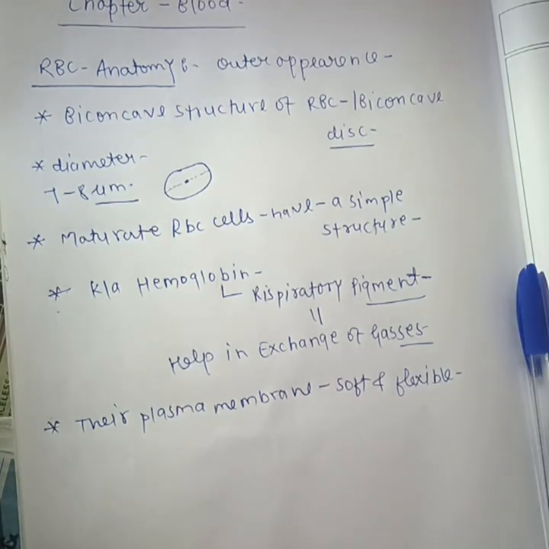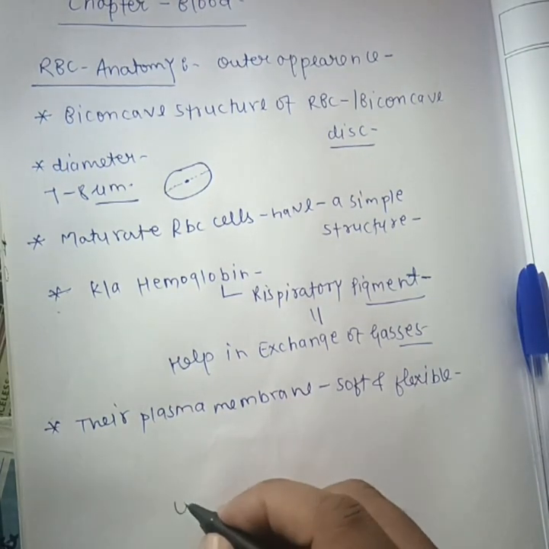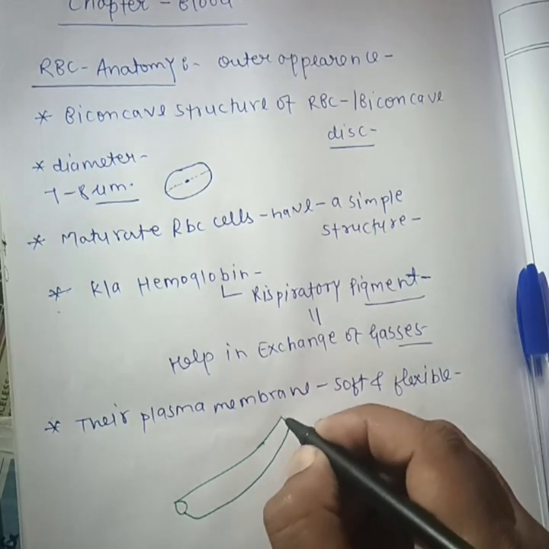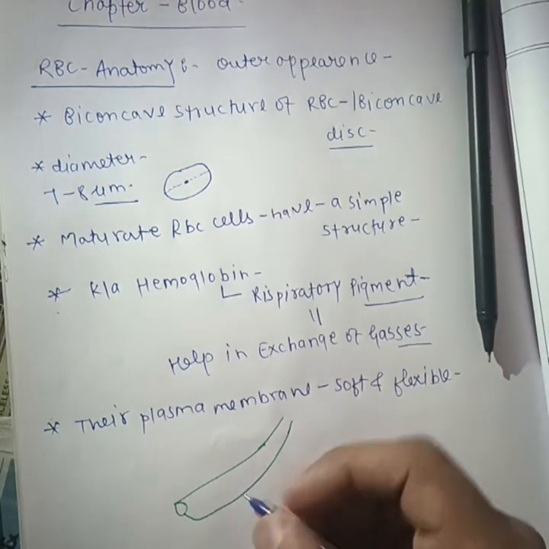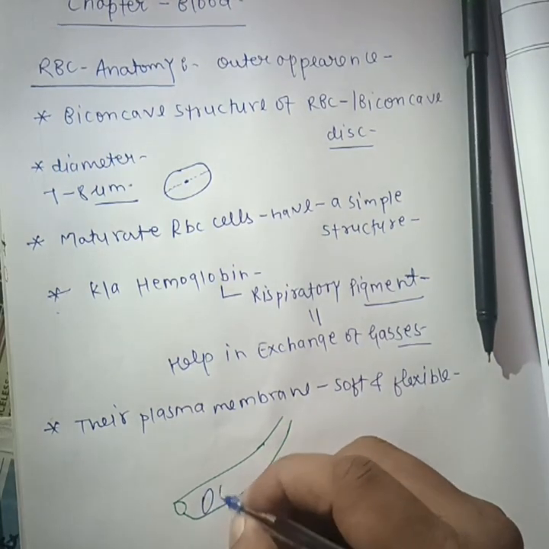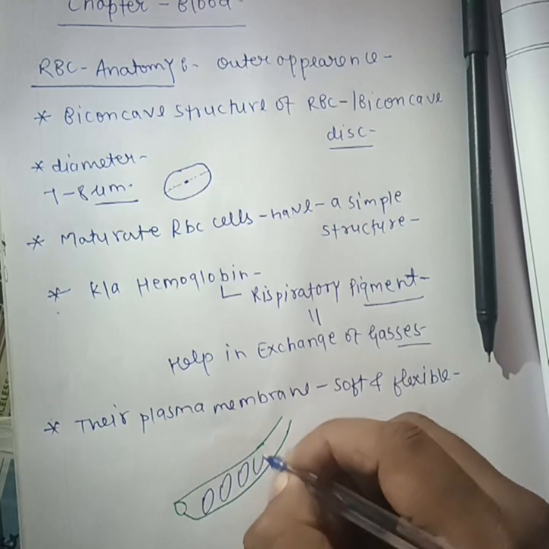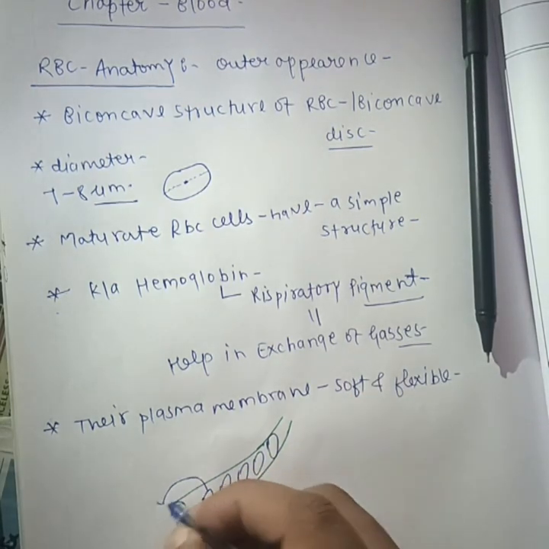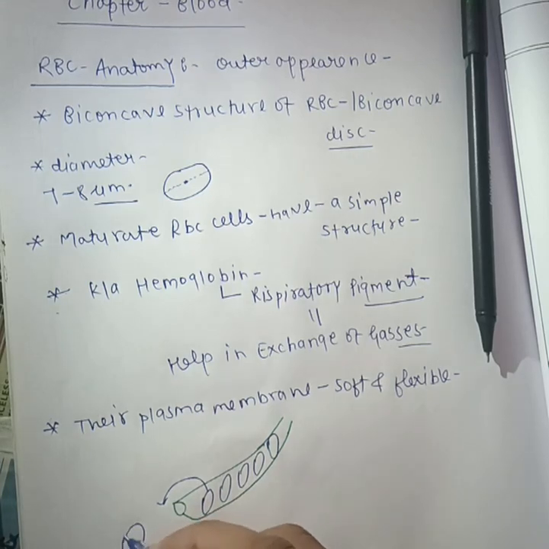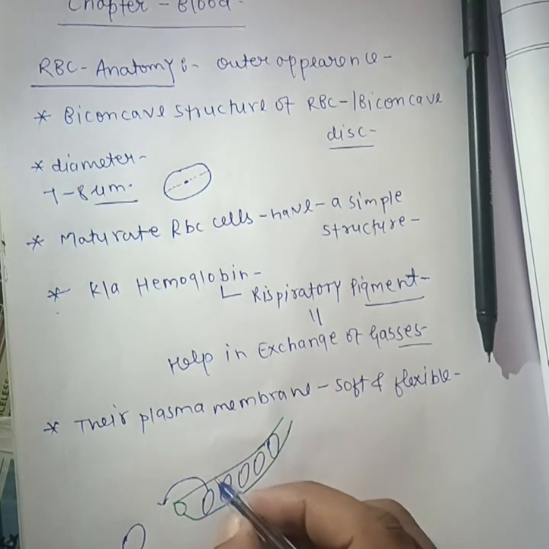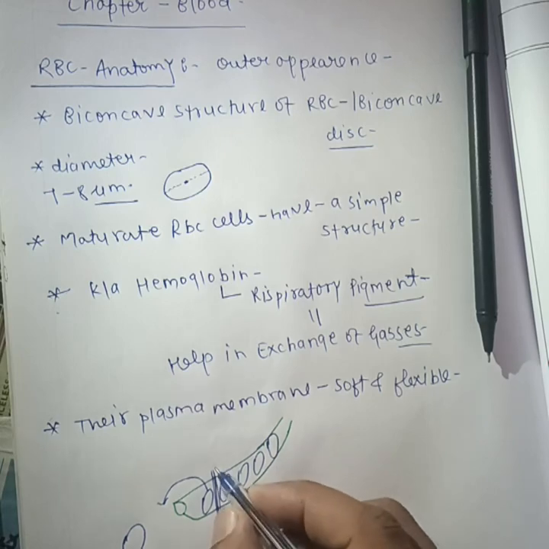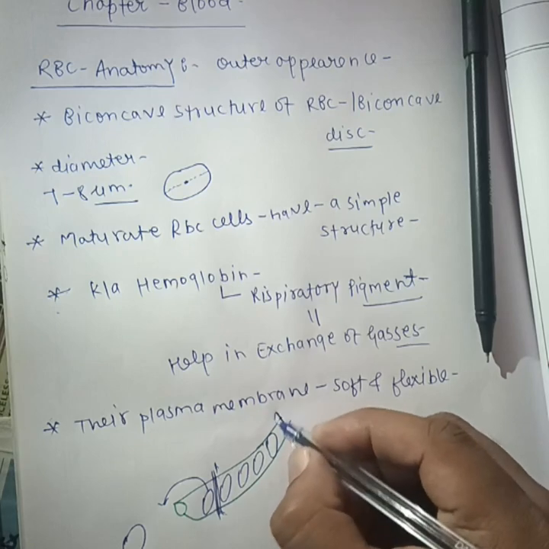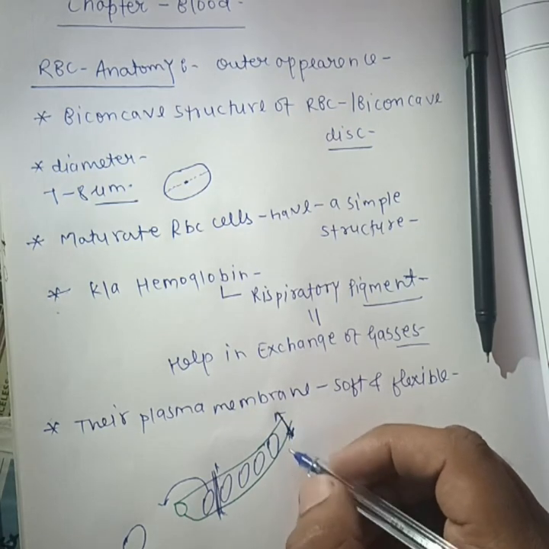For example, this is a blood vessel. Here your hemoglobin cells are there. When we observe here, the diameter of the blood vessel is more, but at that particular part, the diameter of the blood vessel is less.